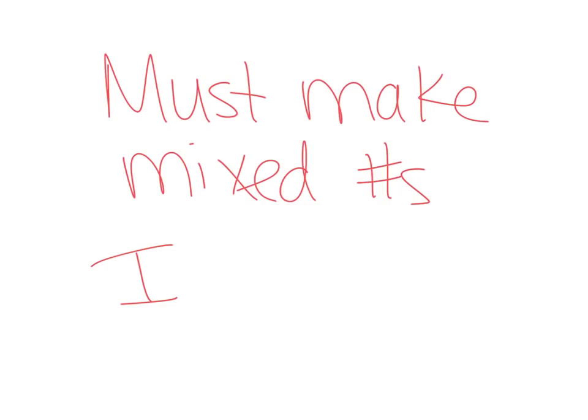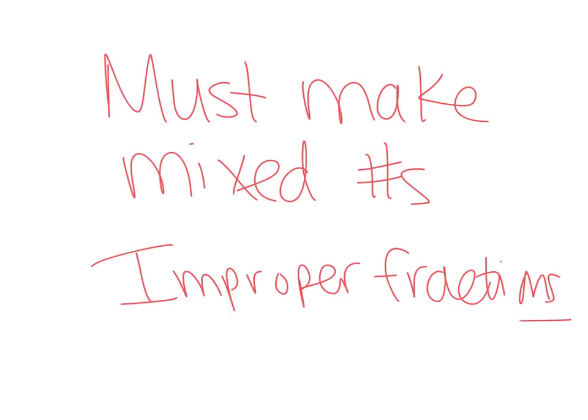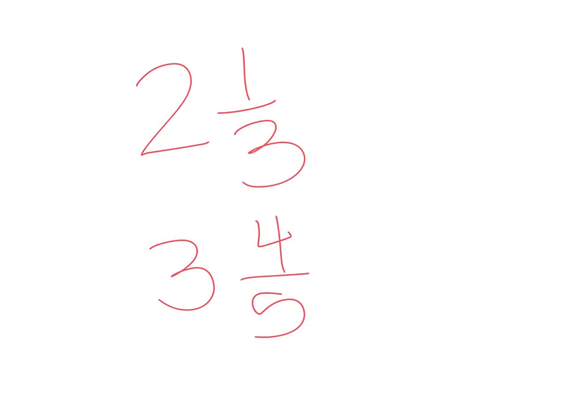So for making sure that we have some mixed numbers, you must make all mixed numbers into improper fractions. That's why we spent so much time the other day changing them. So let's do a quick reminder of how to do that.